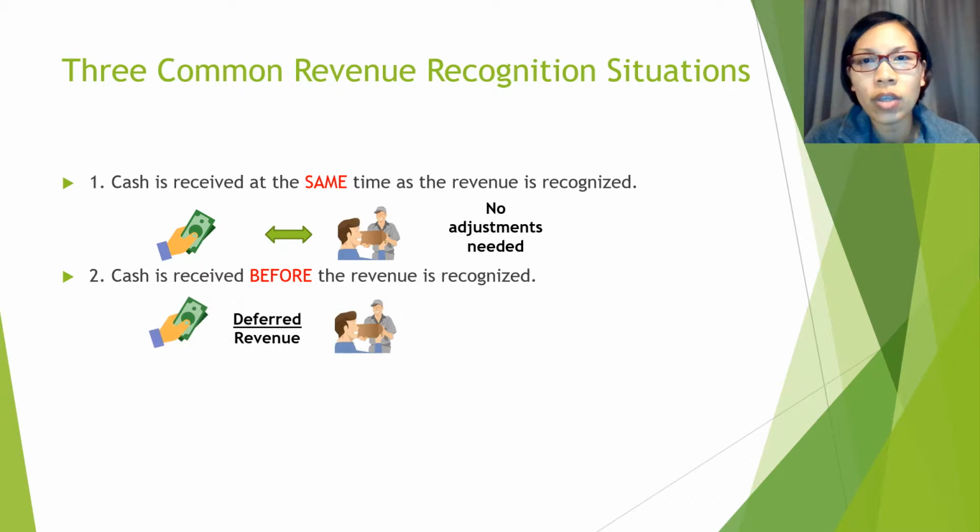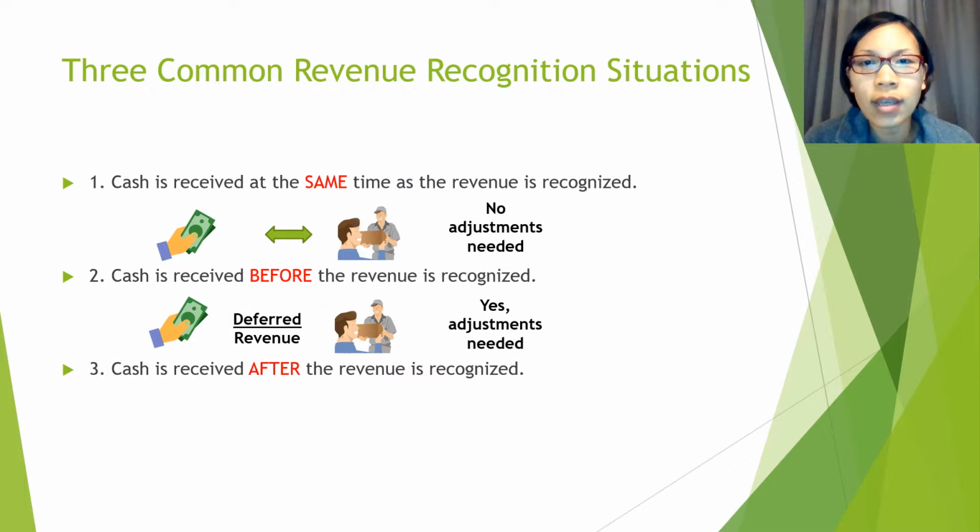In this case, you will have to defer the revenue recognition until it is earned. So even though you receive the cash in the first year, you cannot record revenue until the next year when you actually earn it. Adjustments will be needed with this deferred revenue at the end of the first year.